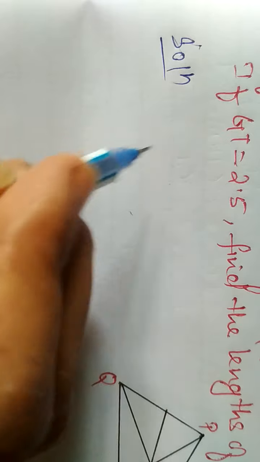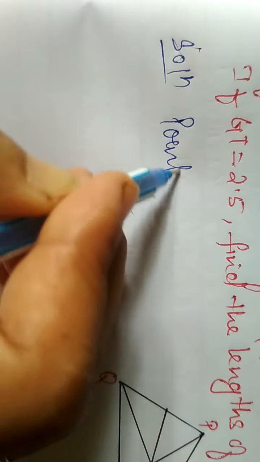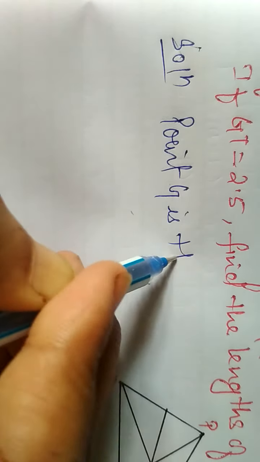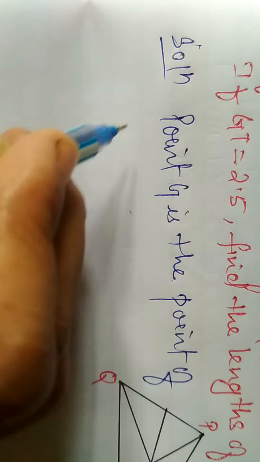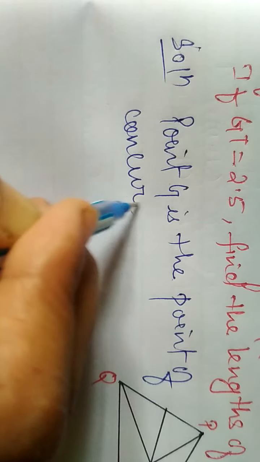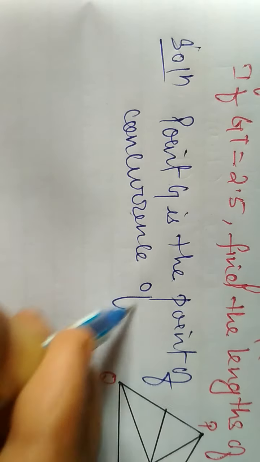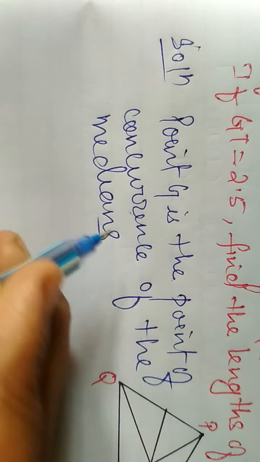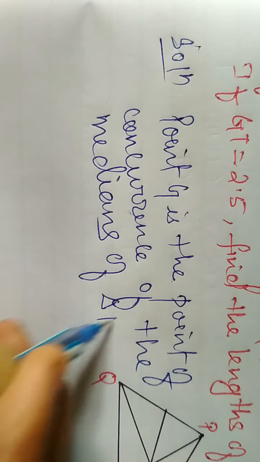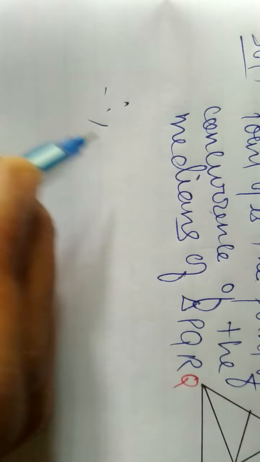So the solution is here: point G is the point of concurrence of the medians of triangle PQR, correct? So what is the property for this?